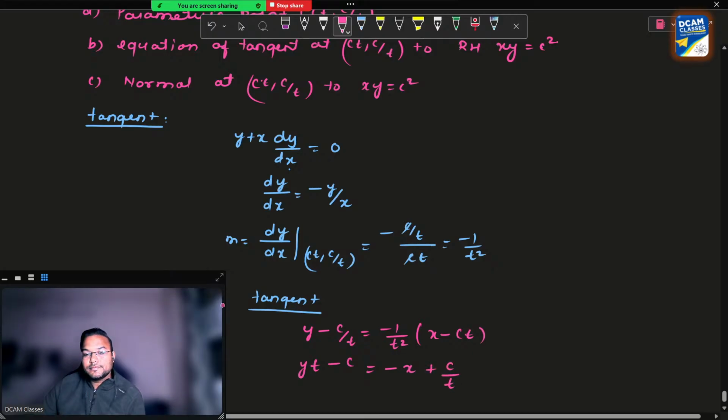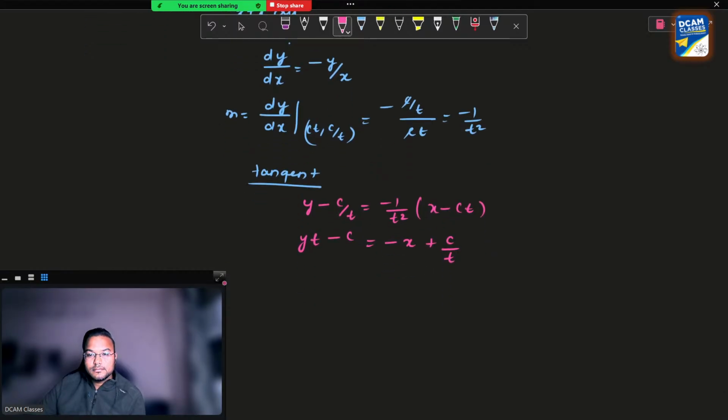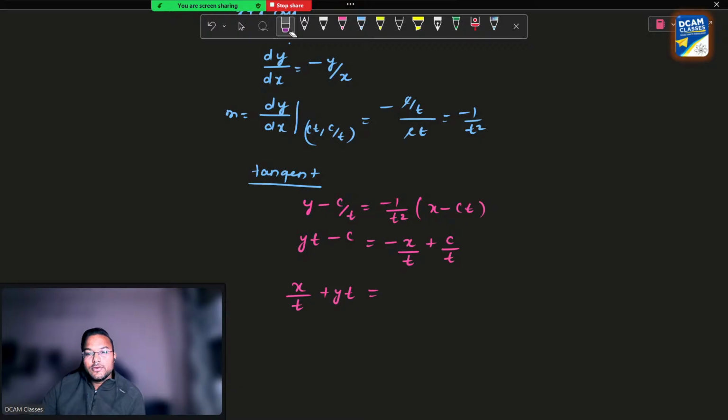So x by t plus yt is equal to, something is wrong. No, c by t won't be there here. x by t plus yt is equal to 2c. This is the equation of tangent.